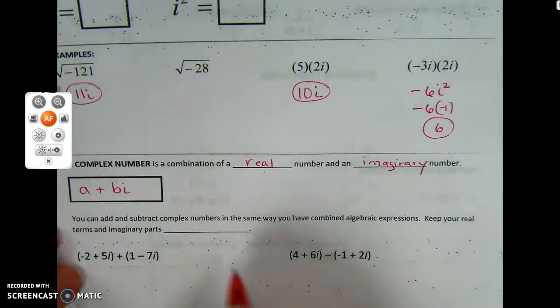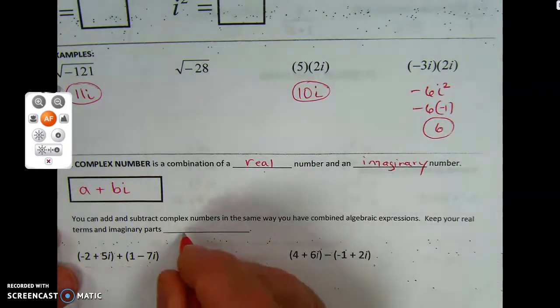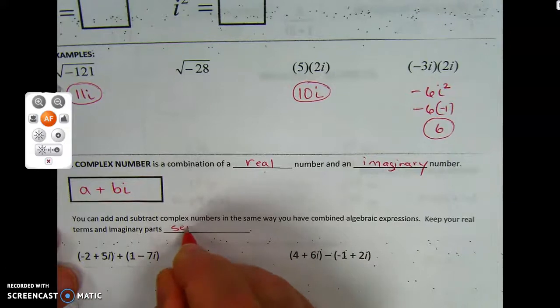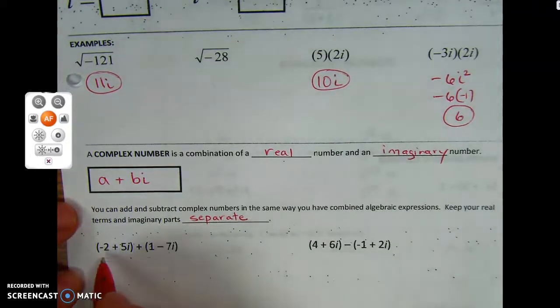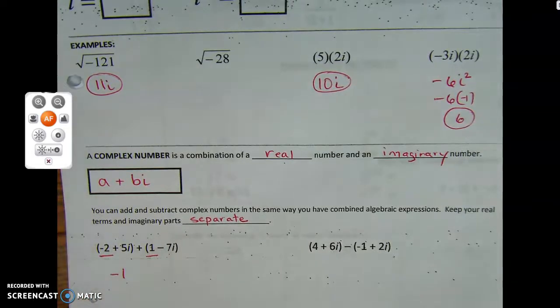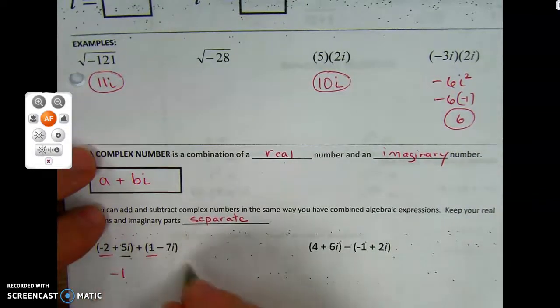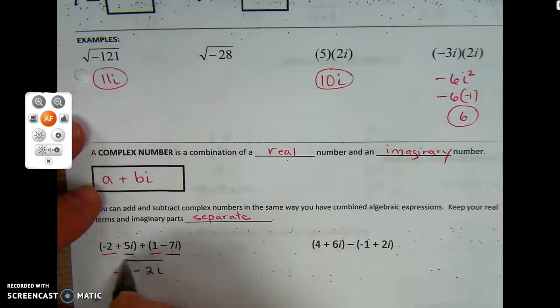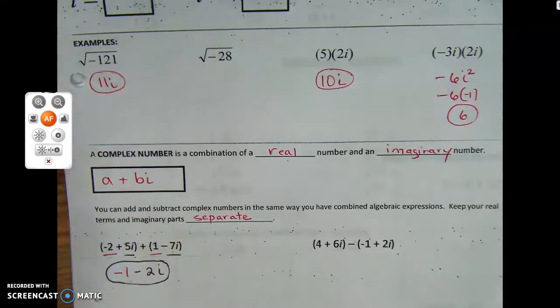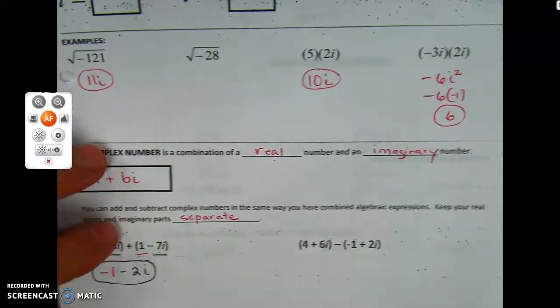So basically, I think what they want is you keep your real parts separate from your imaginary parts. Okay? Combine like terms. So we got negative 2 plus 1 is negative 1. And then we have 5i minus 7i is negative 2i. So keep your real parts and your imaginary parts separate because those aren't like terms, so that's your answer.